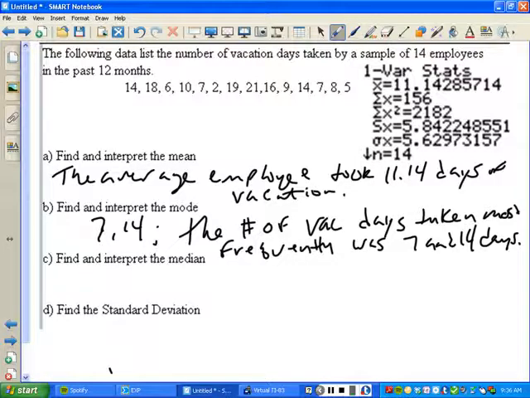Okay. Notice I didn't say most of the data is 7 or 14. That's a lie. Most of the data is not 7 or 14. That was the number that occurred most frequently, but it doesn't mean most of the data is that. Okay?